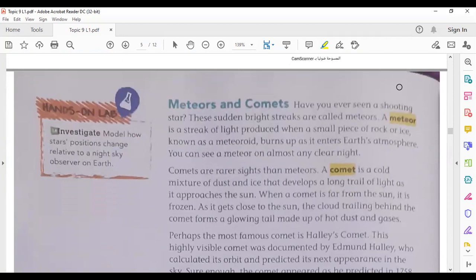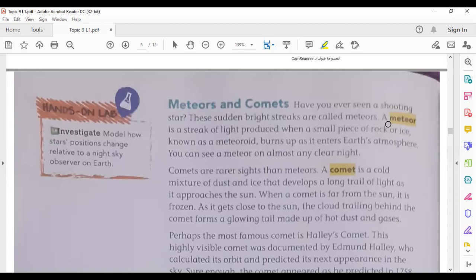Saturn. Okay. What else? Mercury. Mercury, Venus, Earth, Mars. These are the inner planets. Uranus. Uranus, yes. Jupiter, Uranus, Neptune. Neptune. Thank you.